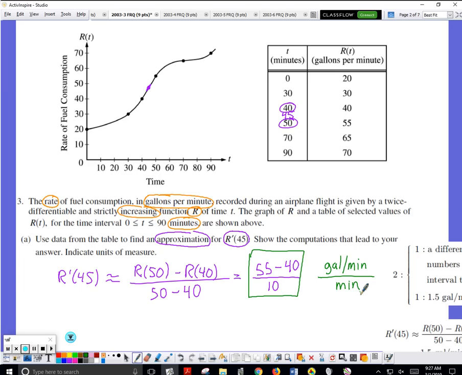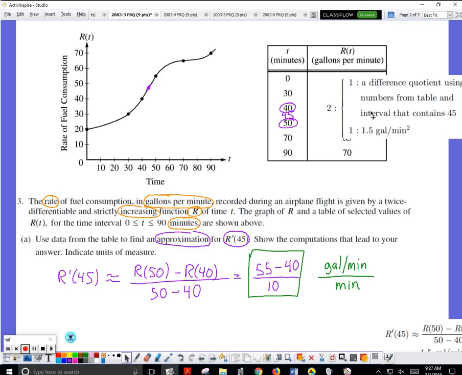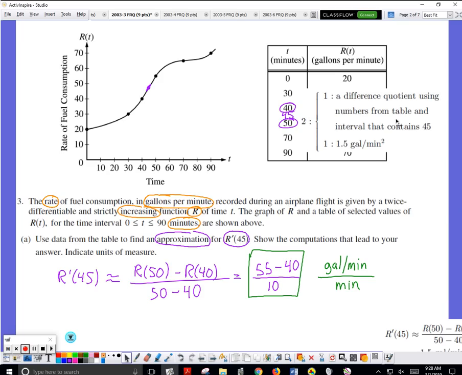Cool. We check the scoring. One point was for this, and then 1 point for the units. You don't have to work it out, you can stop. It says here for the answer, it's gallons over minutes squared.